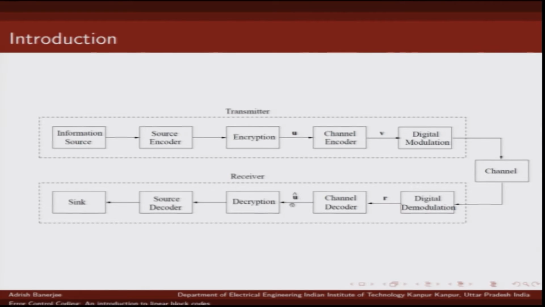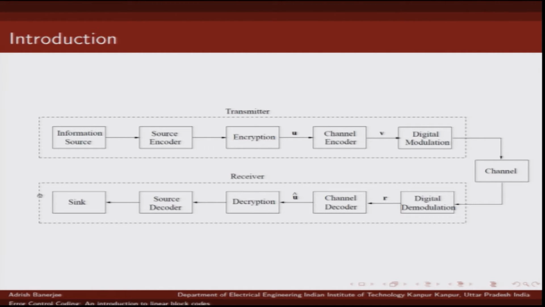Now, once you decode the information bits, you would like to de-encrypt to get back your plain text data. This de-encryption is the opposite action of encryption, and once you get back your plain text, you would like to decompress the signal to get back the original source signal.